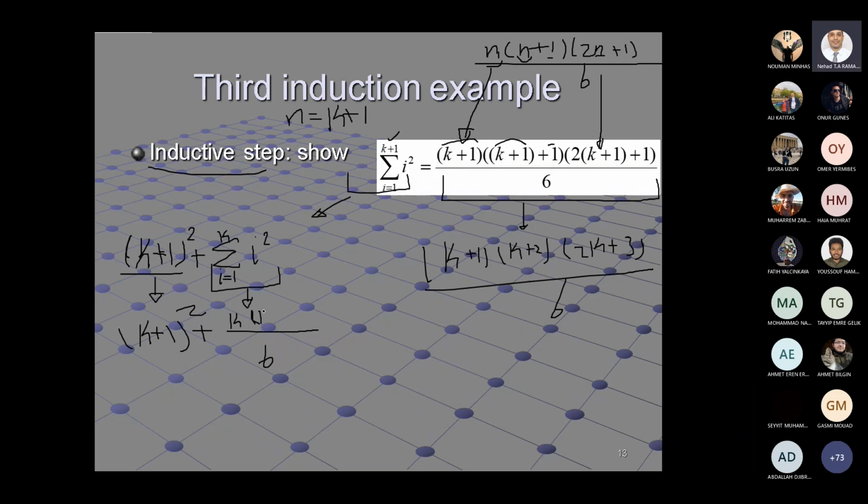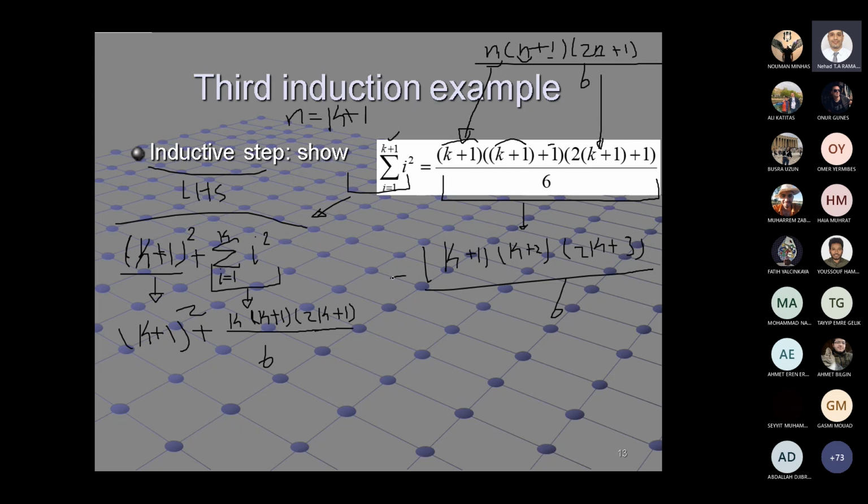Multiply by k plus 1, multiply by 2k plus 1. Okay, what's this? All this is the left-hand side.